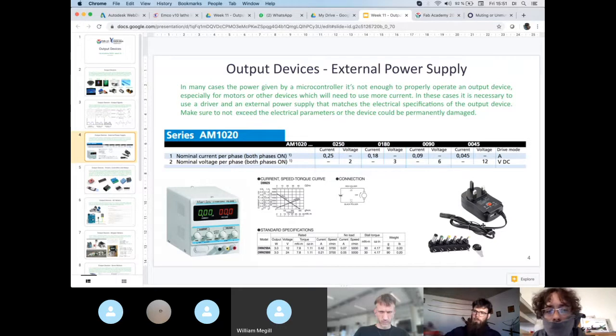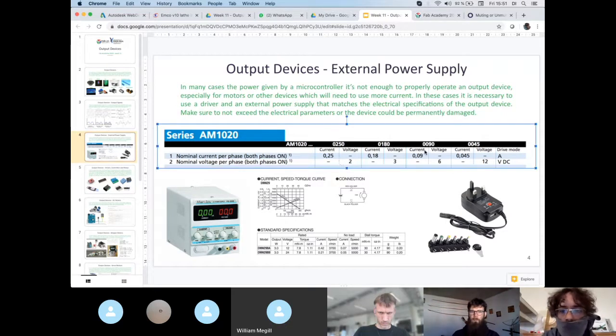So how do you know how much current or voltage you need for your output device? You have to go to the datasheet of your device, and inside it they tell you the nominal voltage and the nominal current that you need. For example, this one over here has a series of currents and voltages.